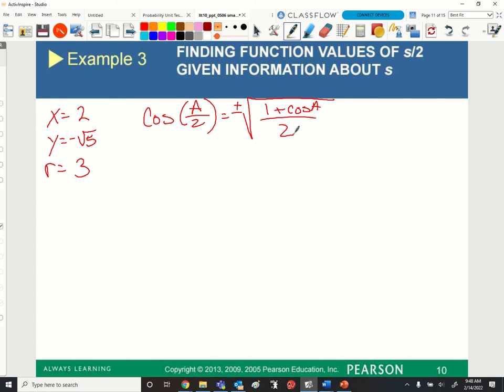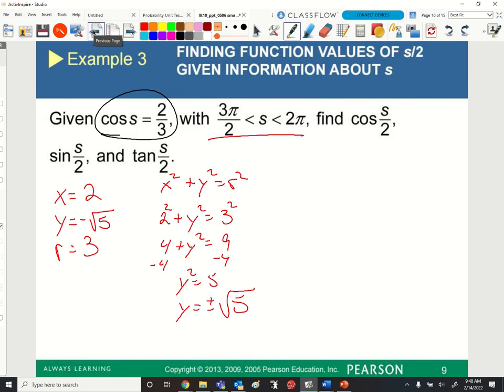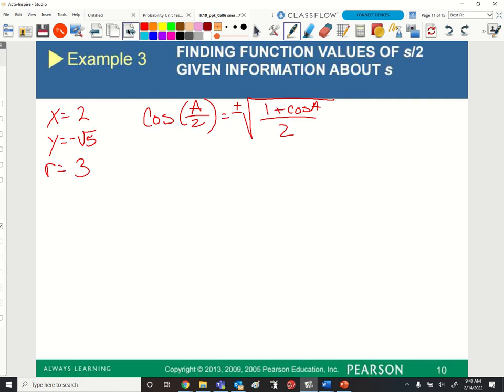And let's take a look. A couple of things I'm going to look at. If S is in this area right here, the half angle is going to be important to understand, and that's going to deal with this plus and minus.